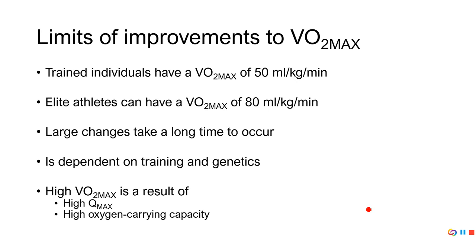If in these individuals that have a really high VO2 max, they've got a high maximum cardiac output, and then they've got just a high oxygen carrying capacity within their bloodstream. But they also have to have these adaptations that we're going to talk about later in the week with their muscles and with their lungs and stuff like that that will help maximize oxygen intake, delivery, and uptake.